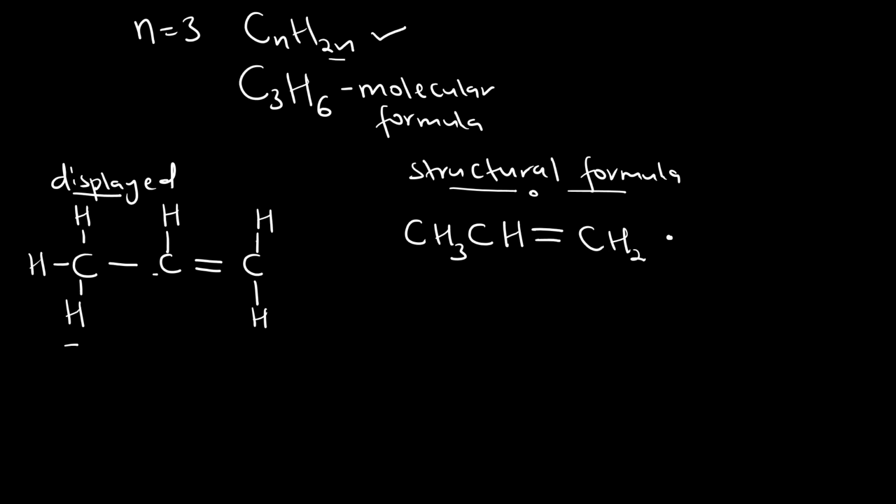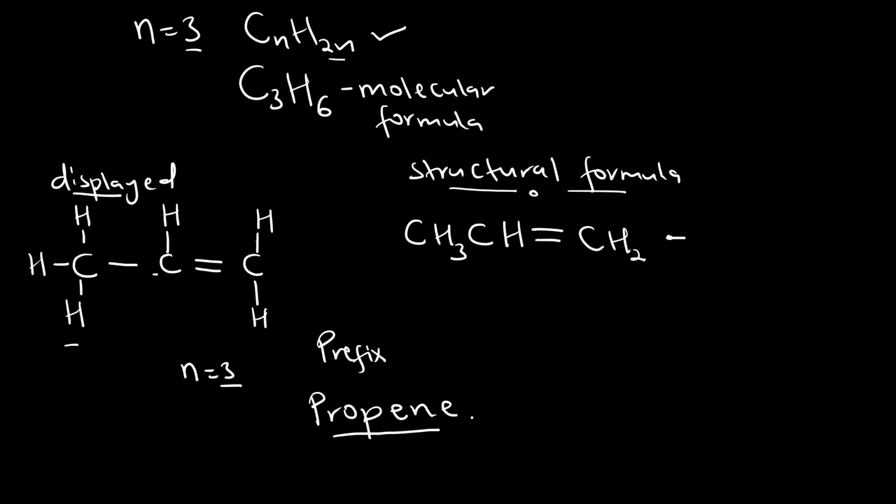In terms of naming, we said for all hydrocarbons where N is equal to 3, we shall have to give it a prefix of prop. So since it's an alkene, we shall also give it a suffix of ene. So the molecule that is formed when our value of N is equal to 3 is called propine.